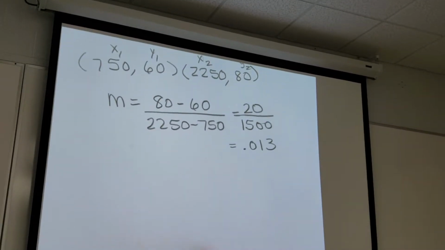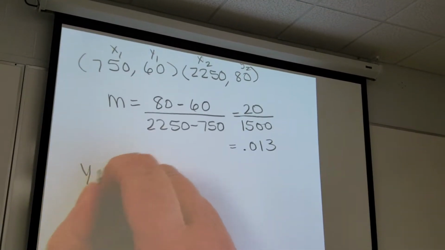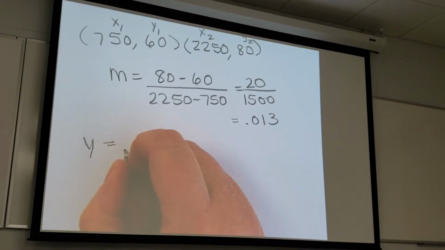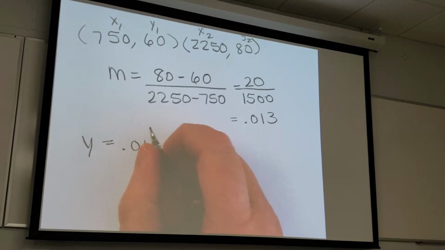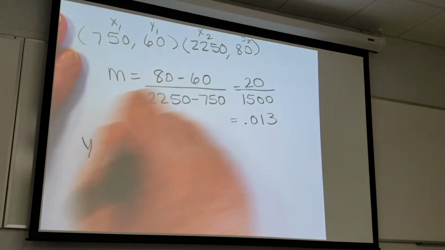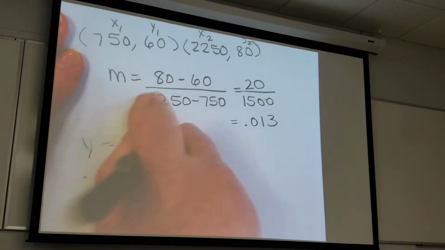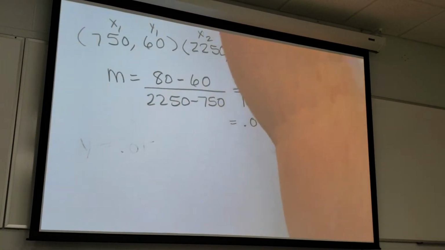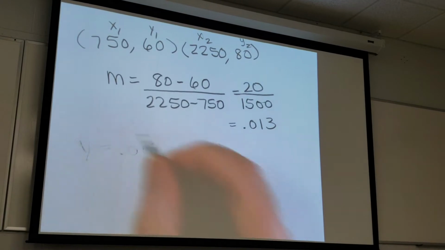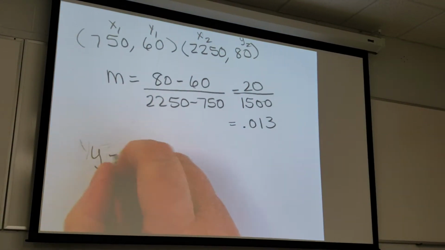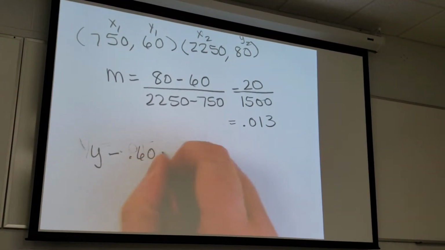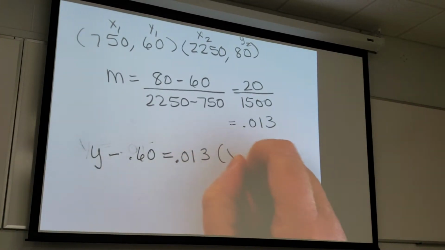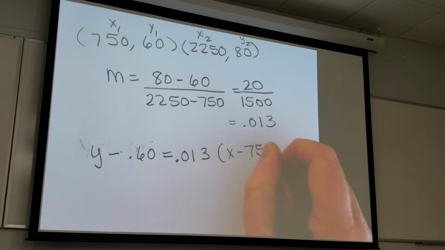I'm gonna pick a point. Y is equal to... I was thinking about the equilibrium. All right. Y minus 60 is equal to 0.013 times x minus 750.